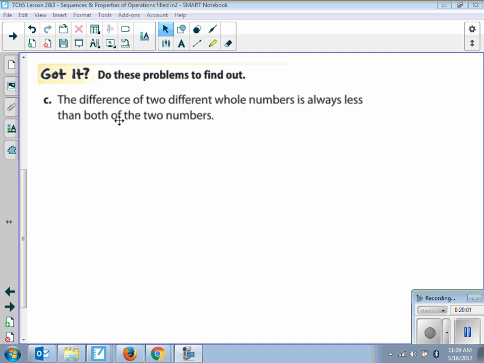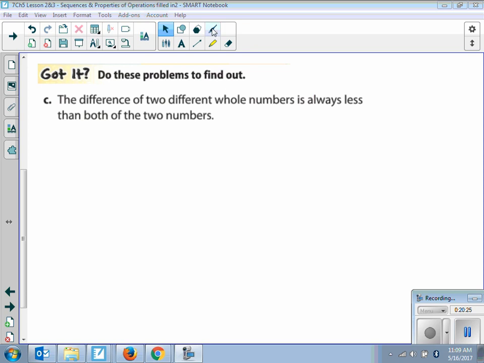So it says the difference of two different whole numbers is always less than both of the two numbers. Okay, that's the conjecture. If we can come up with an example that is false, then that statement is false, right?